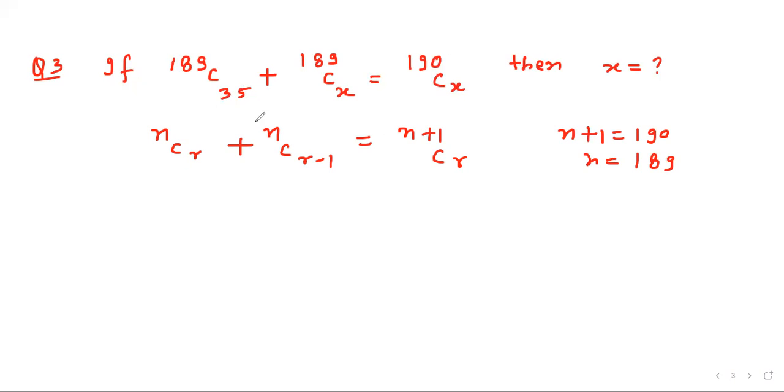Similarly, here if we observe, so r minus 1 will be 35. So r will be 36. So here in our question, r equal to X. So X equal to 36, which is our answer.